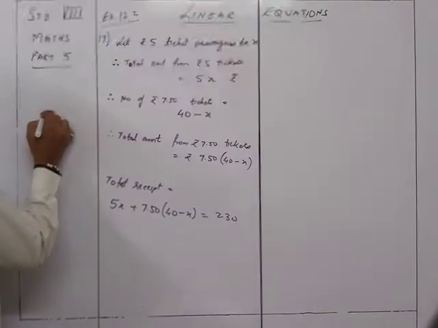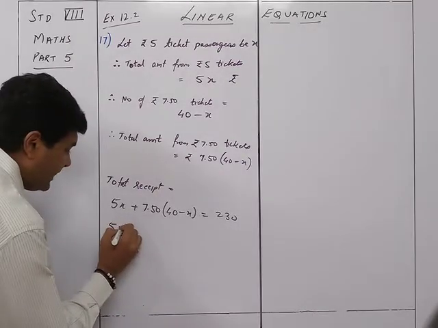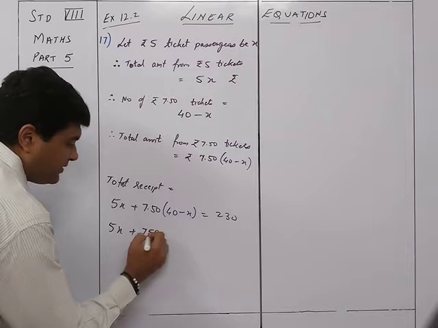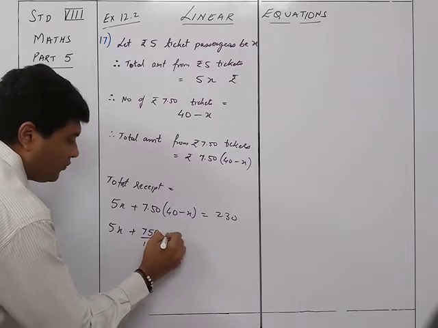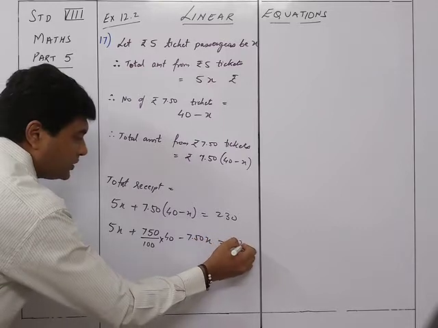Right, so we'll take it as 5x plus 750 upon 100 into 40 minus 7.50x is equals to 230.